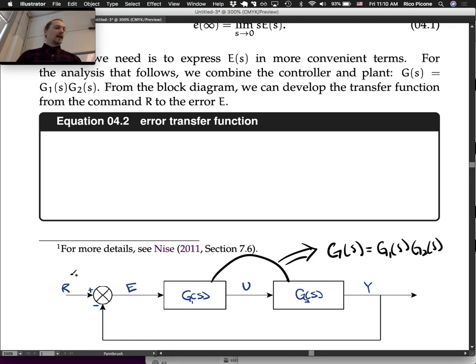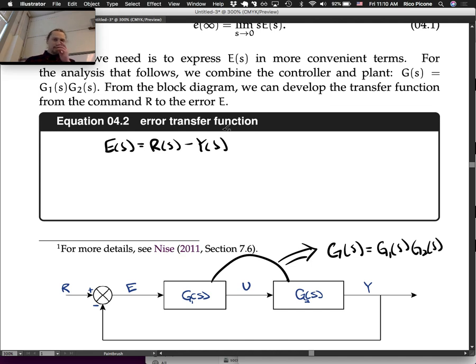Remember, this block diagram just represents algebraic relationships. So we can say that the error is equal to, from this summing junction, R of s minus the feedback, which, if you go all the way back, is Y of s.